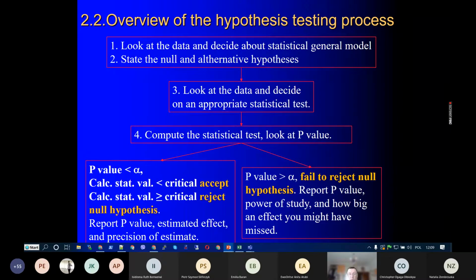Then, again, we have to look at the data and decide on the appropriate statistical test, depending on its nature and on the distribution type, and calculate it.